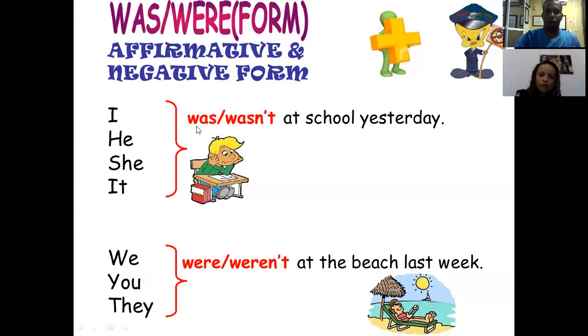For example, I was at the school yesterday, or I wasn't at the school yesterday. He or she or it was or wasn't at the school yesterday. We were or weren't at the beach last week, or you were or weren't at the beach last week.